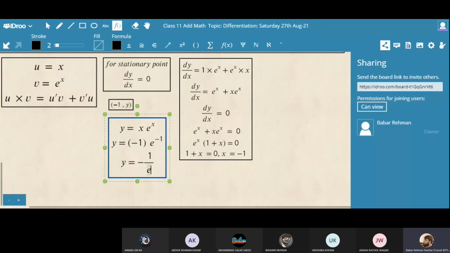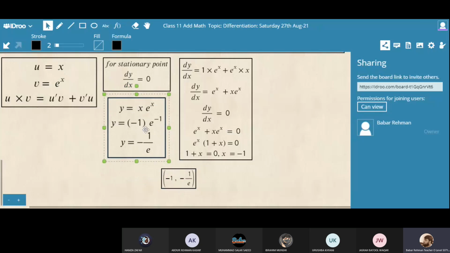Can I write this? So student, now this is the value of y, minus 1 upon e. This is the stationary point I have found.